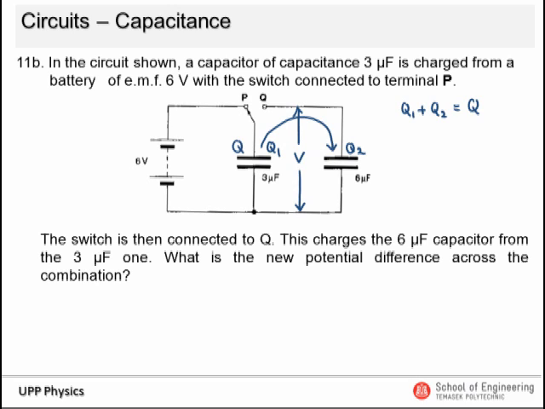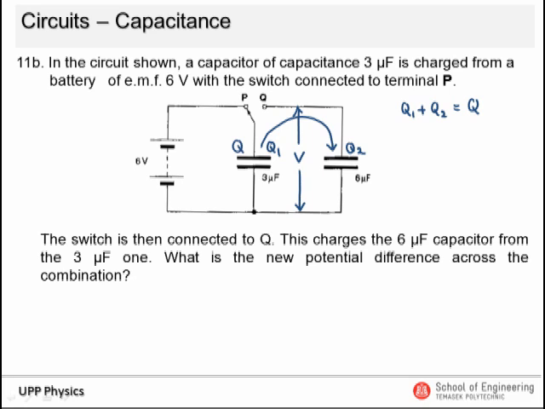Hence, the new PD across the 3 microfarad capacitor will definitely be less than 6 volts because 6 volts is needed to maintain charge Q on the 3 microfarad capacitor.